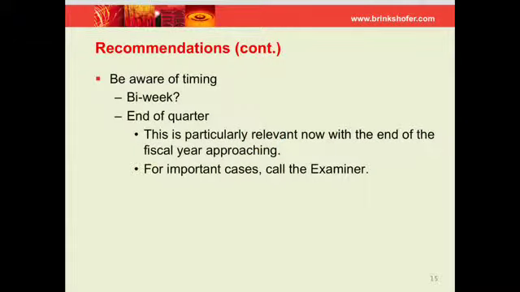So the question is, we're towards the end of September. What should we do? Well, for important cases, I would recommend actually contacting the examiner. And that is in the instance if there is a pending action. Like let's say the examiner has issued an office action that you have not yet responded to. Or even if you have already filed a response to an action.